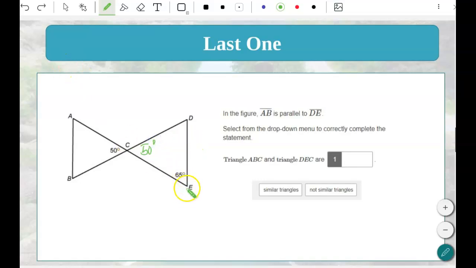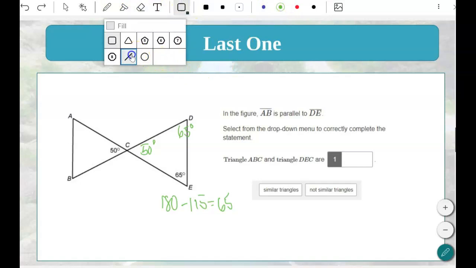And so you could calculate this missing angle, 65 plus 50 is equal to 115. So 180 minus 115 will give us 65. So this one's 65. Now I'm going to go ahead and extend this line.